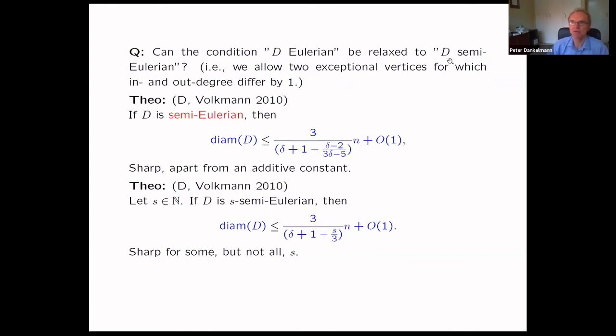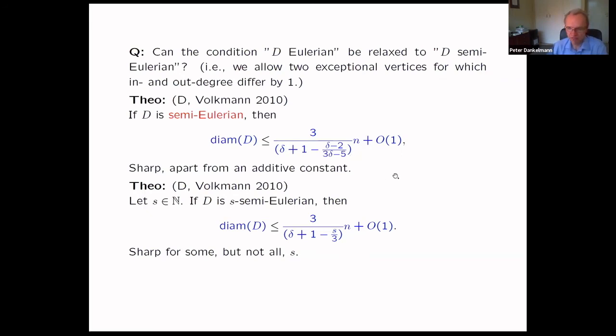So what, for example, if we say let D be semi-Eulerian? That means we allow that for 2 vertices, the in and out degree are allowed to differ by 1. It can't happen for only 1 vertex, but this is like the tiniest possible deviation from being Eulerian for a digraph. If you say for all vertices with 2 exceptions, we want all in degrees to be equal to the out degrees.